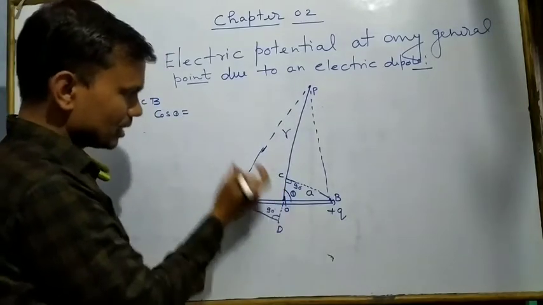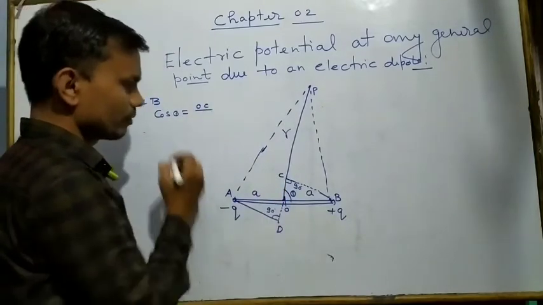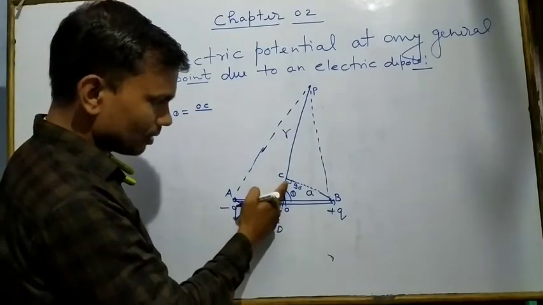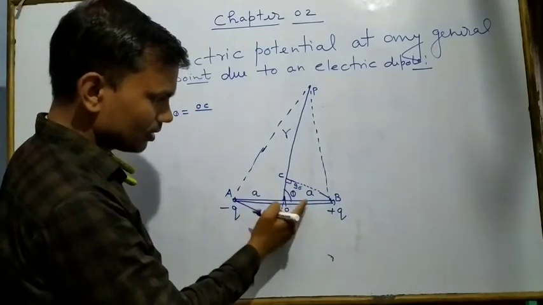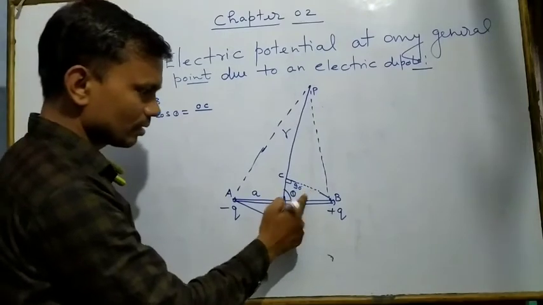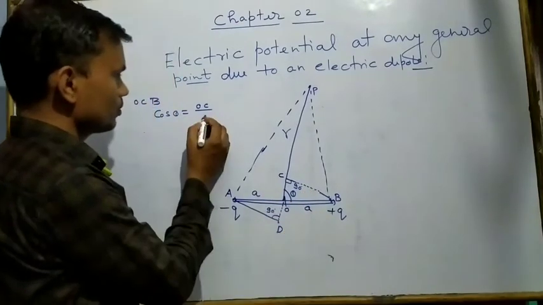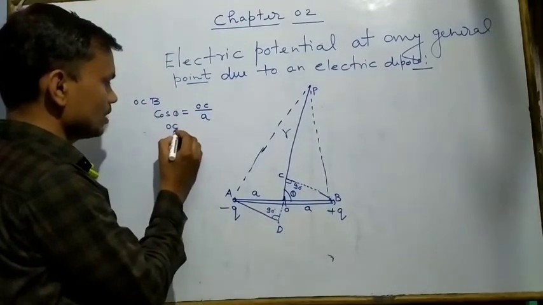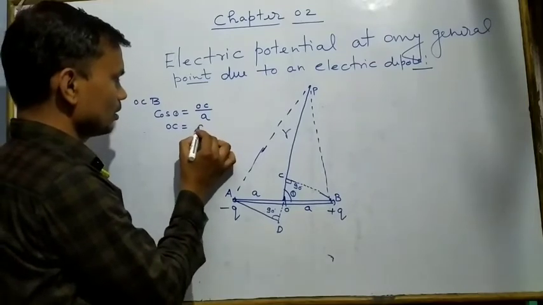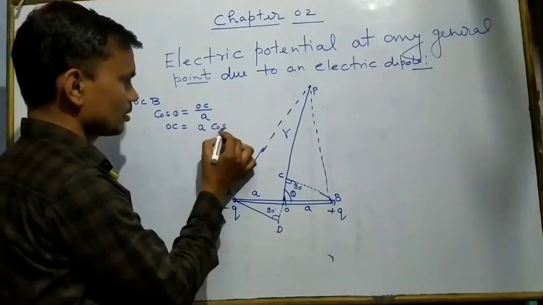The base is OC and the hypotenuse is A, so OC equals A cos theta.